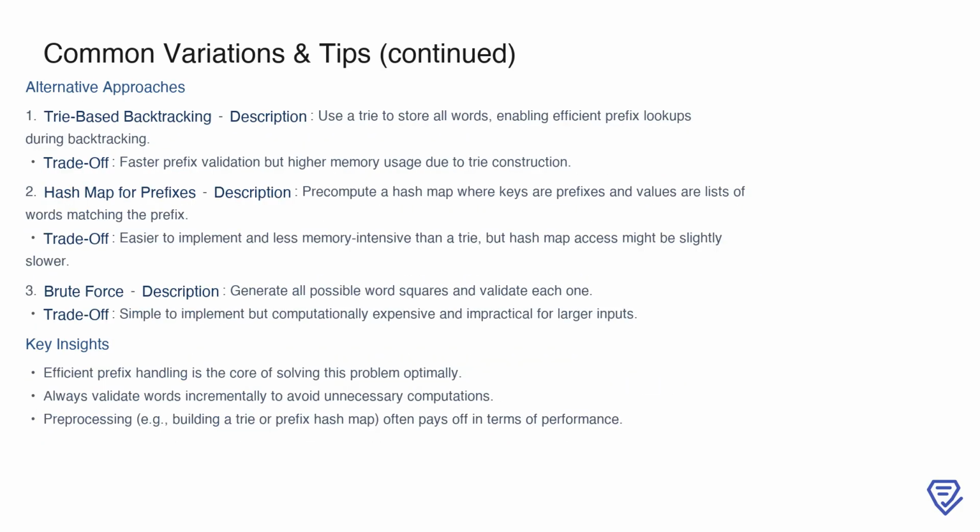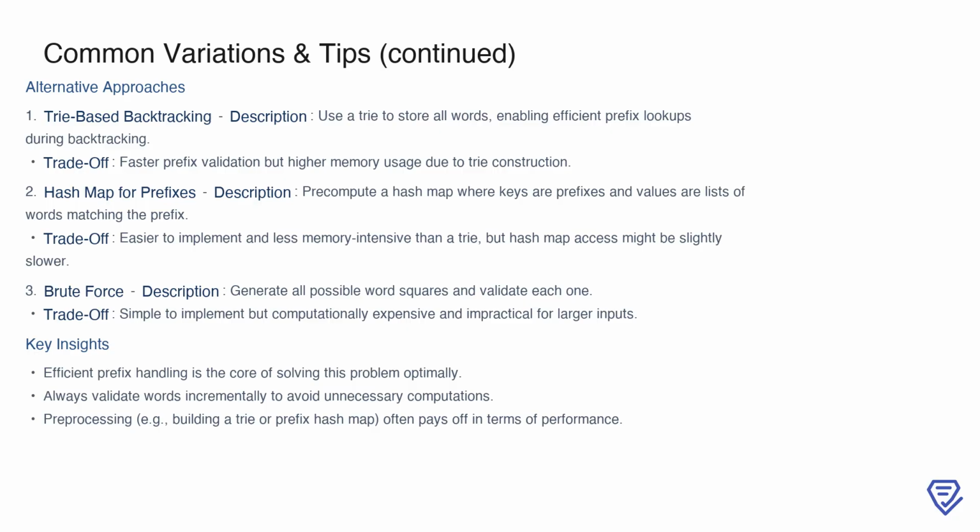There are several alternative approaches to solving the word squares problem, each with its own trade-offs. One option is tree-based backtracking, where you store all words in a tree. This allows for highly efficient prefix lookups during backtracking, but it comes at the cost of higher memory usage to construct the tree. Another approach is to use a hash map to pre-compute prefixes.